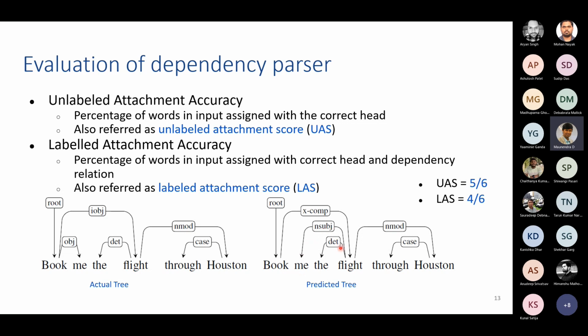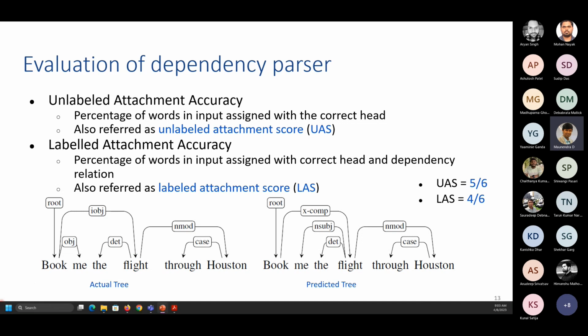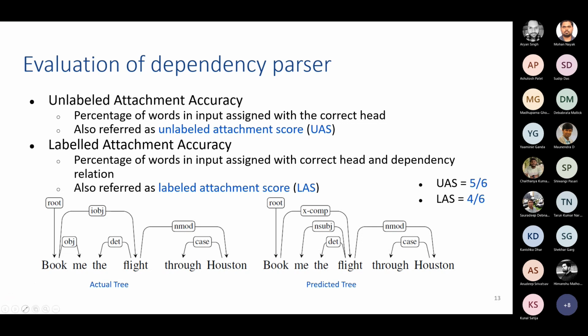The root is flight. So for the word me, it is attached with flight. And if you look at the left diagram, what is the head word for me?